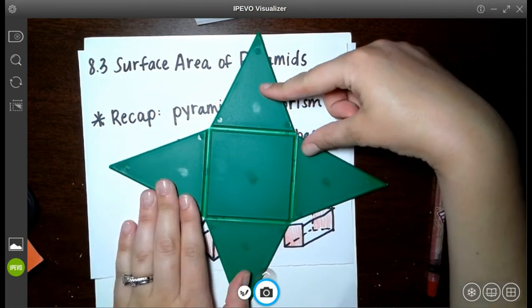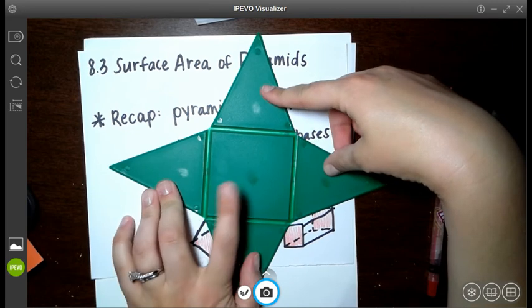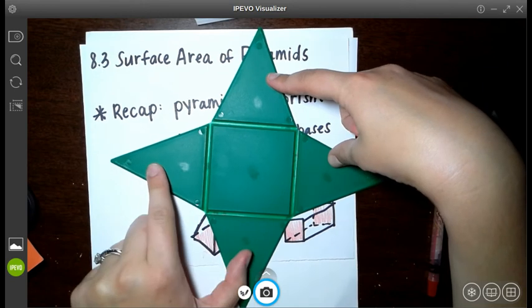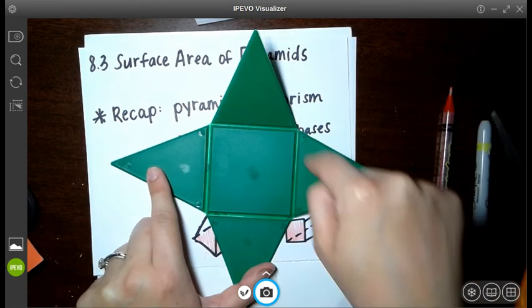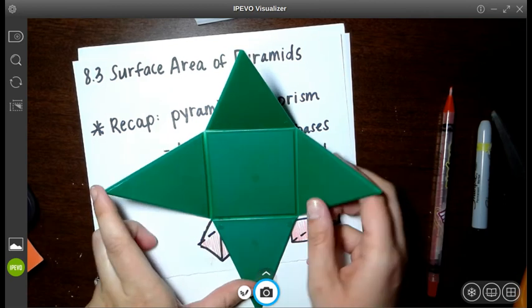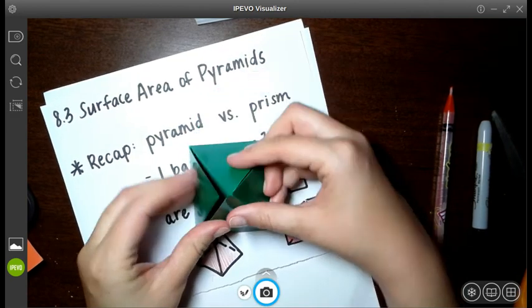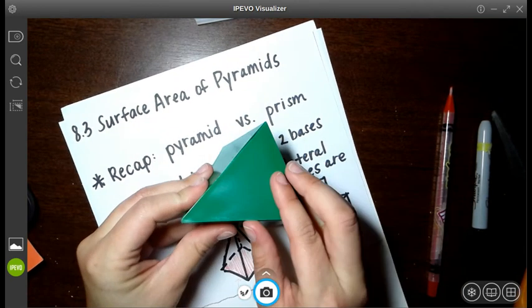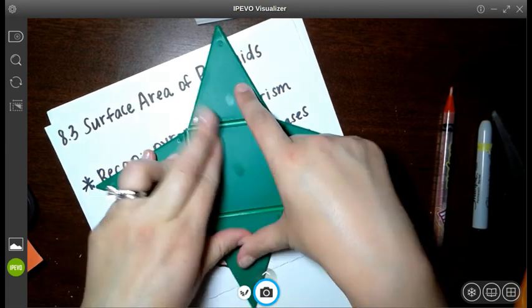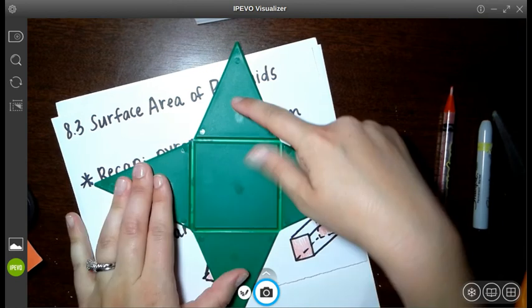So if you think about it, the area formulas you're going to need are side squared, or length times width, and 1/2 base times height, 4 times. And since this is a square, all of these triangles reach the same point, so they all have the same height. You're actually just finding the area of one triangle and multiplying by 4.